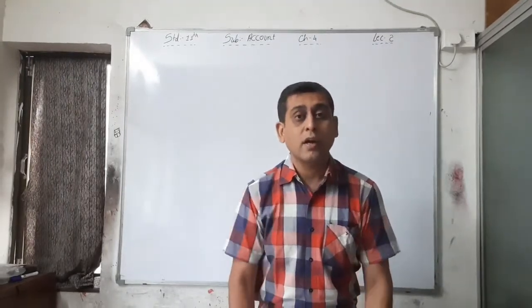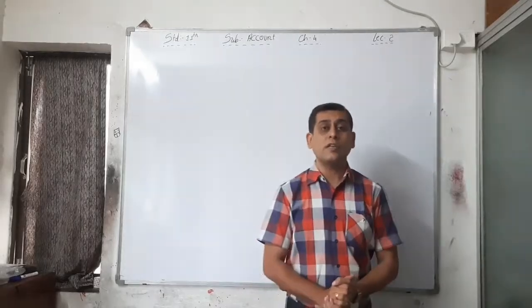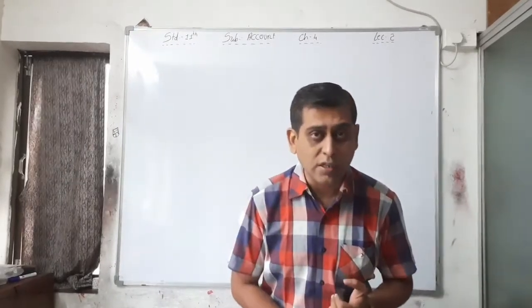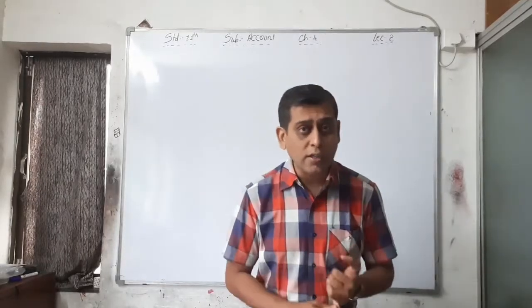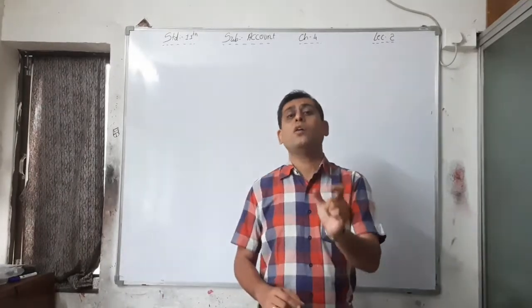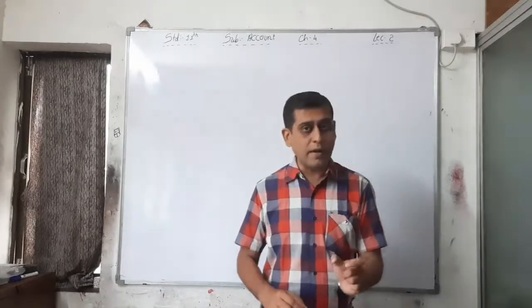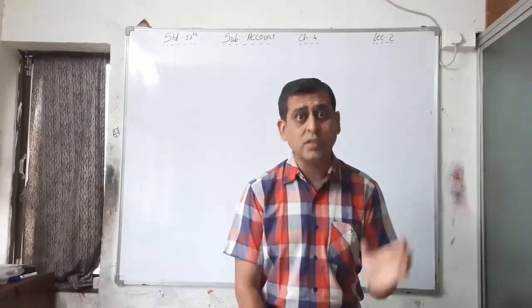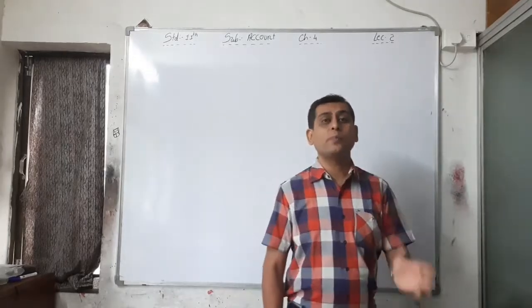And that's why the combined entry for these is here. Cash is our asset, machinery is our asset, as well as stock is our asset. That's why all asset accounts are debited. And who is bringing all these things? The owner. Owner is a personal account.